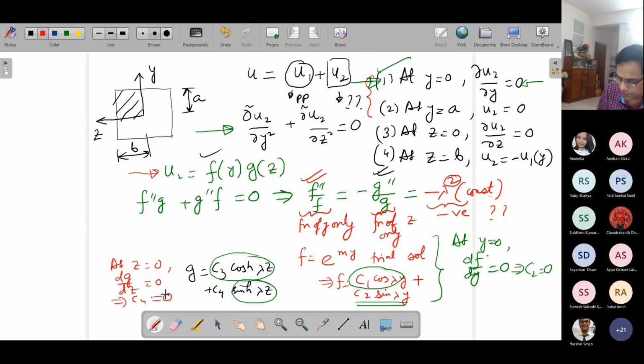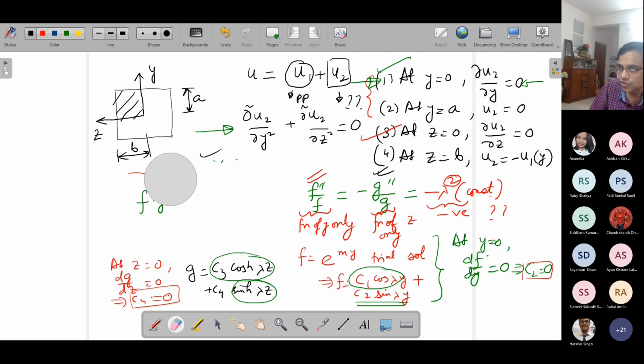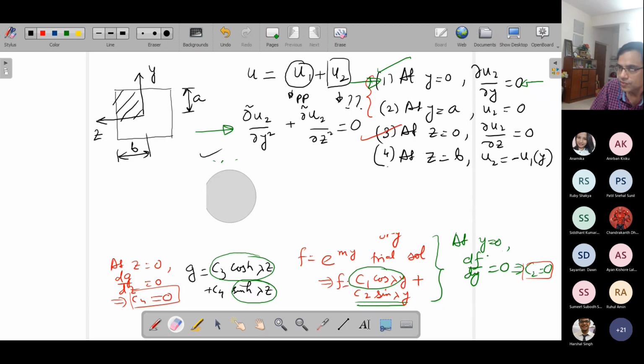So that means now we have used these two as boundary conditions, and we have got C2 and C4, these two as 0. So now we can write the product f into g as the solution, and in fact that was the whole idea.